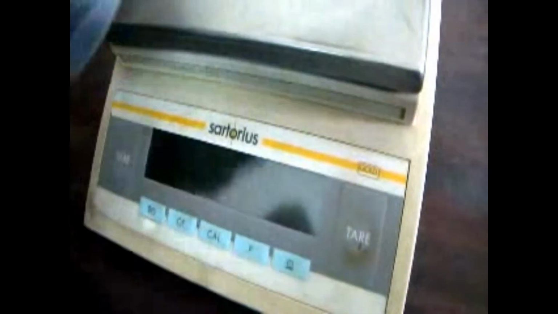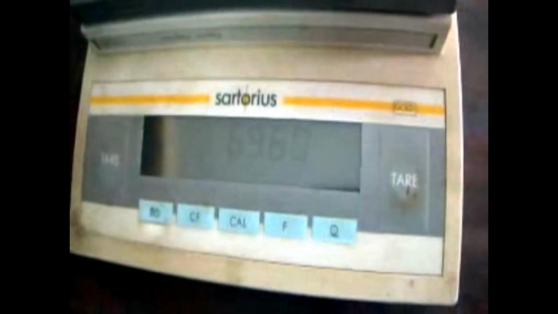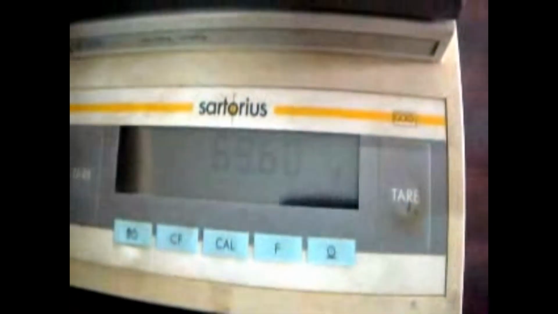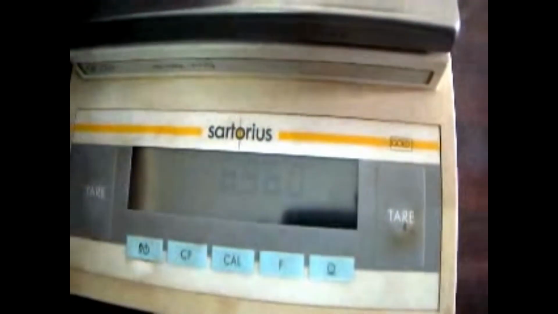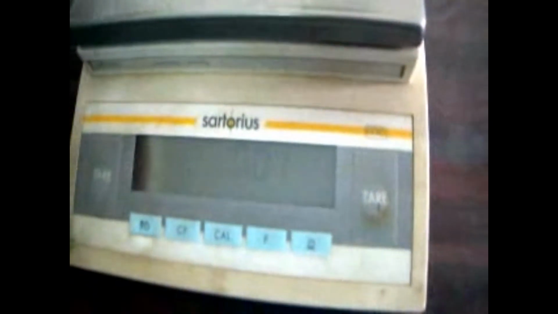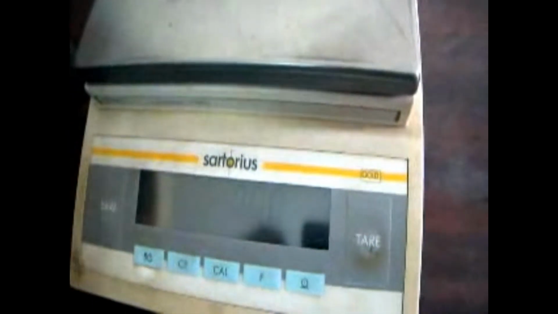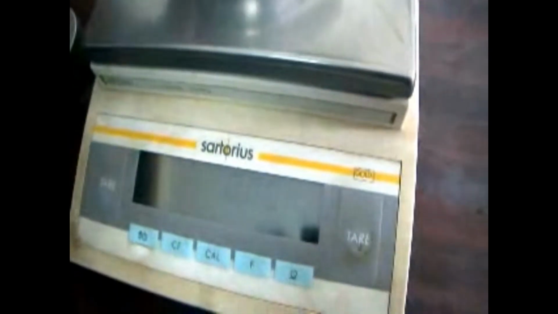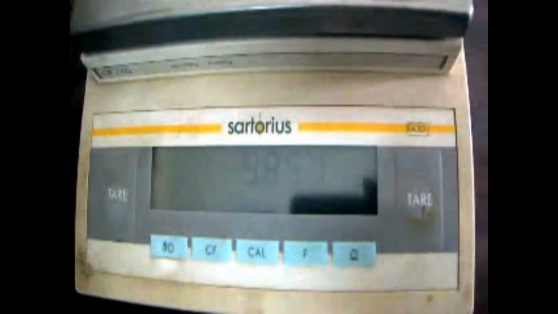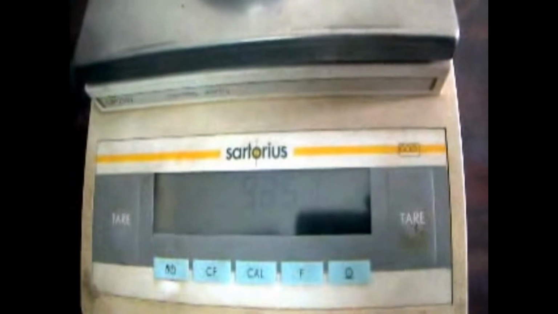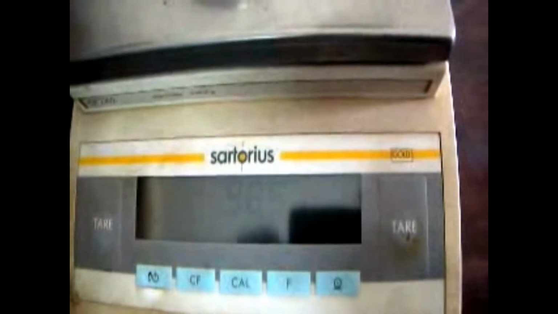This is sample for 45 centimeter soil depth. We can see the weight is 69.60 gram of soil plus sample. Now again tare this to make it 00, and this is sample for 60 centimeter depth. We can see the weight of wet soil plus box is 98.51 gram.